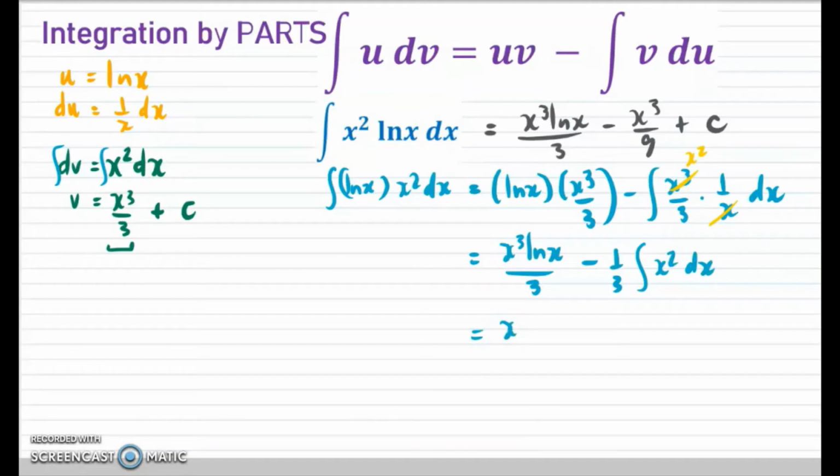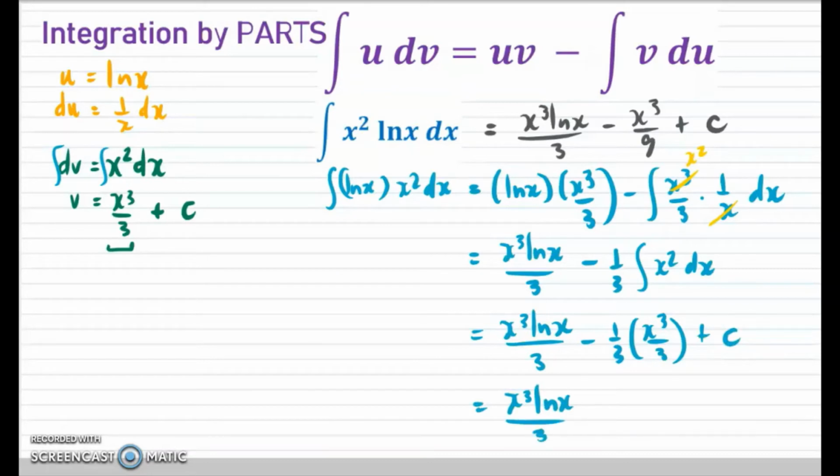And finally, we have x cubed ln x over 3 minus 1/3. The integral of x squared is x cubed over 3, right? And then the plus c there. And we have x cubed ln x over 3 minus x cubed over 9 plus c.